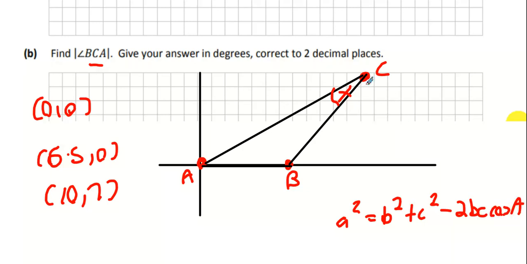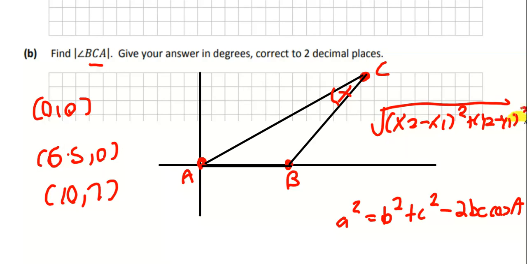So I could use the cosine rule, and with the cosine rule, I could use x2 minus x1 squared plus y2 minus y1 squared. And what I could use is I could find out the 3 lengths. I could find out the length of the yellow line, I could find the length of the blue line, and I could find the length of the green line. And I could do it this way, which makes a lot of sense.